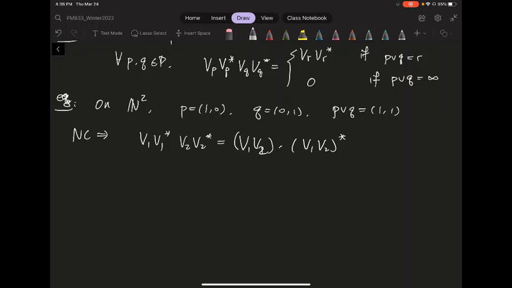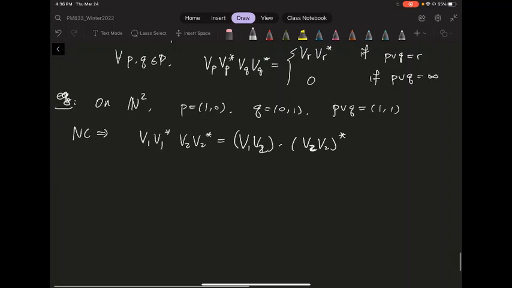And because V1 and V2 are still a representation of N squared, they still commute. So I can write V2 V1 with V2 on the right side. So this is just V1 V2, and then I have V1 star and V2 star. Because they are isometries, you can cancel out: you multiply V1 star on the left to cancel out the V1. You cannot cancel out the star on the right, but you can use the star on the left to cancel out the V1.